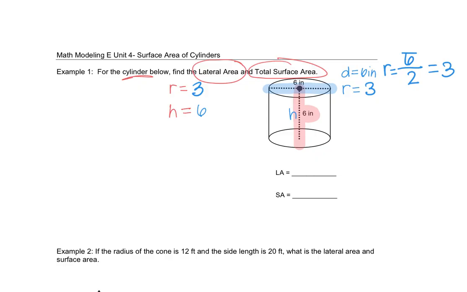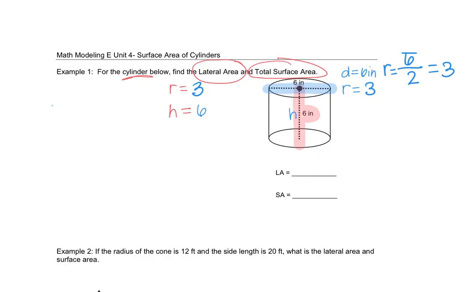Lo que me dieron ahí fue mi diámetro, que es 6 pulgadas. No me importa saber el diámetro, yo quiero saber el radio. Si les dan el diámetro, lo que van a hacer es dividir el diámetro por 2 y eso les va a dar el radio. ¿Ok? So el radio es 3, es la mitad de 6. Ok, con estas dos informaciones, el radio, la altura, yo puedo sacar mis fórmulas.